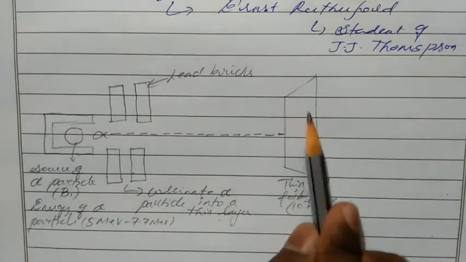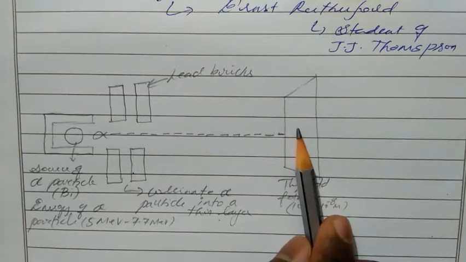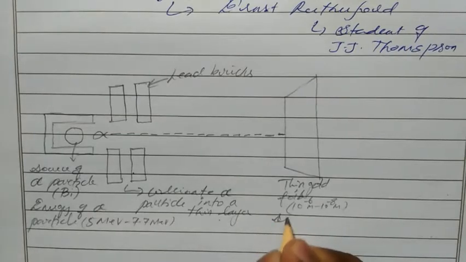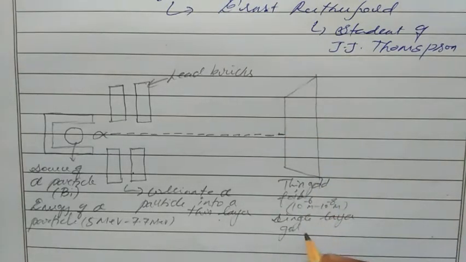If you take this as the front portion, then only this front portion has atoms. There is no back portion. So we can say it is a single layer of gold atoms.